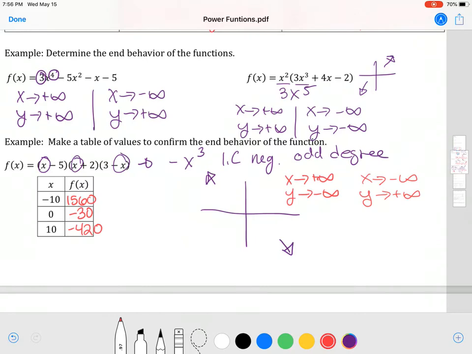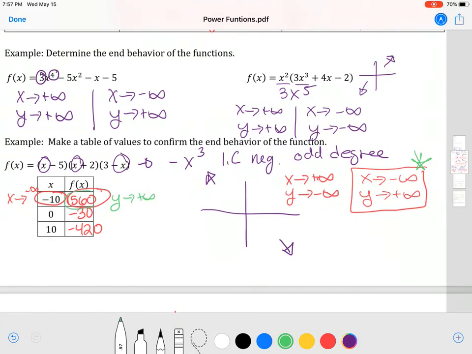So how can we use this to verify the direction of my arrows? This is telling me as x comes out in the negative direction, as x goes to negative infinity, my y value should be coming to positive infinity. And let's check that. And we said that here. As x goes to negative infinity, y should go to positive infinity.